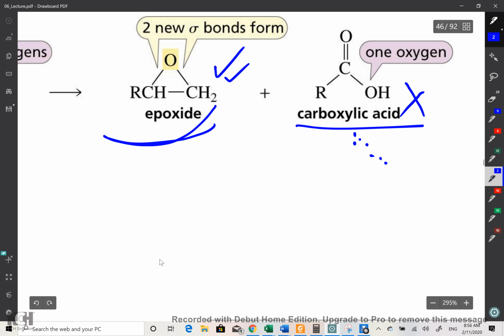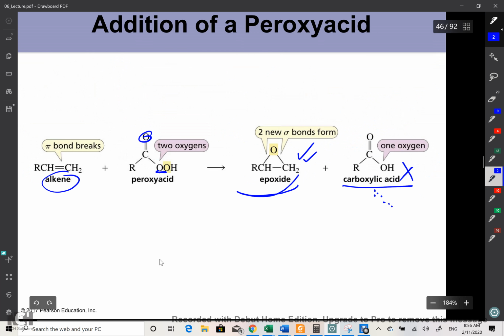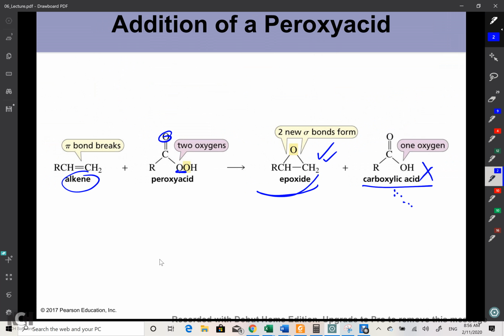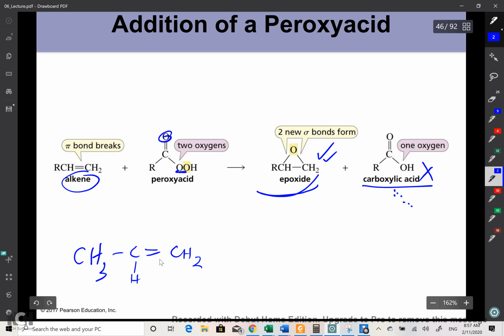So whenever an alkene reacts with the peroxy acid, the product will be an epoxide. If I have this alkene that reacts with a peroxy acid, one of them will be called MCPBA. That's the abbreviation for a certain peroxy acid. You will see the structure very soon.